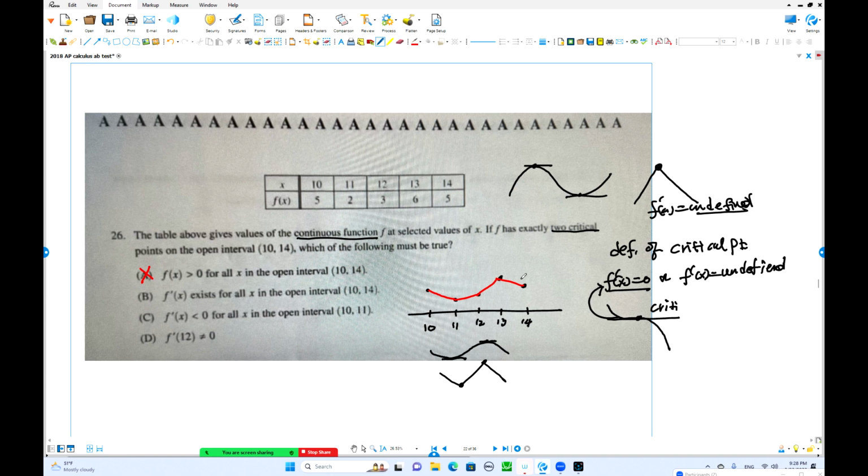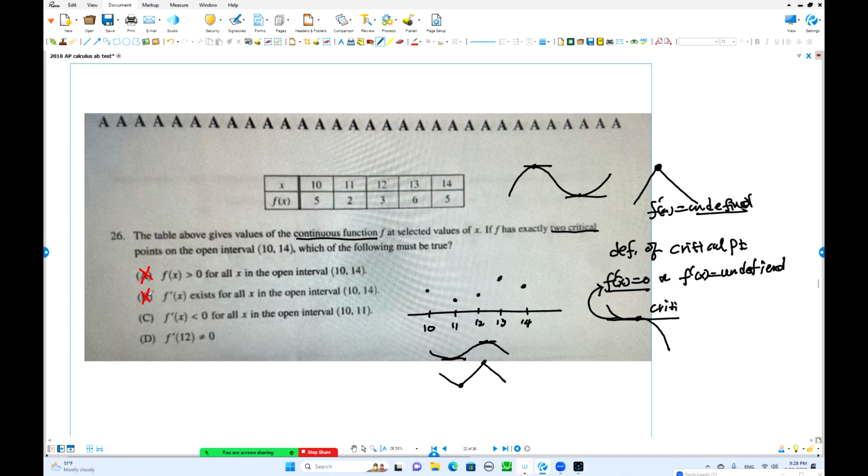They didn't say it is differentiable, just that we have critical points, one critical point, two critical points. But this is not differentiable, we have a sharp corner there. That is not always true. This is wrong.